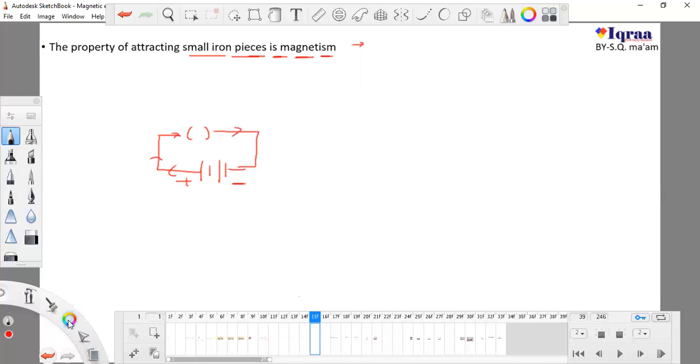And if I put some iron flakes here, and this is my copper wire, this copper wire is attracting these iron nails or iron flakes. One metal is attracting another metal only when there is a passage of electricity.